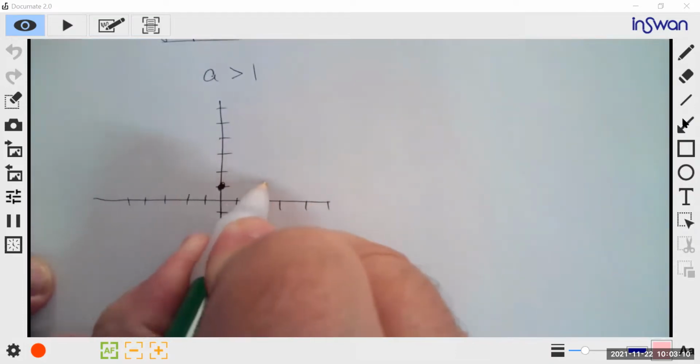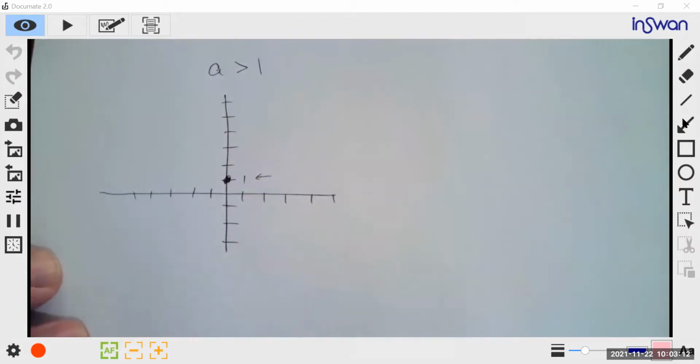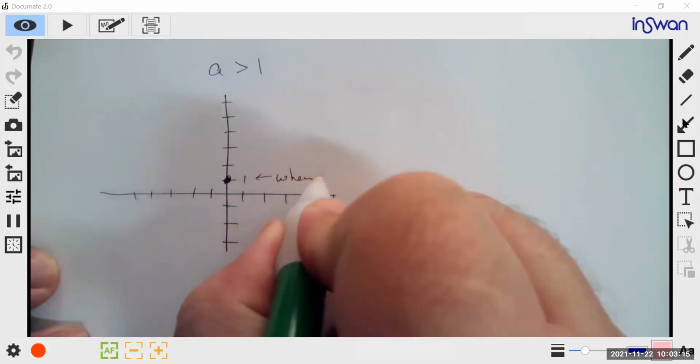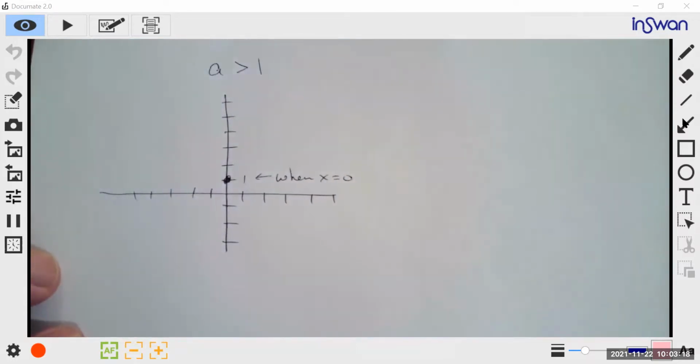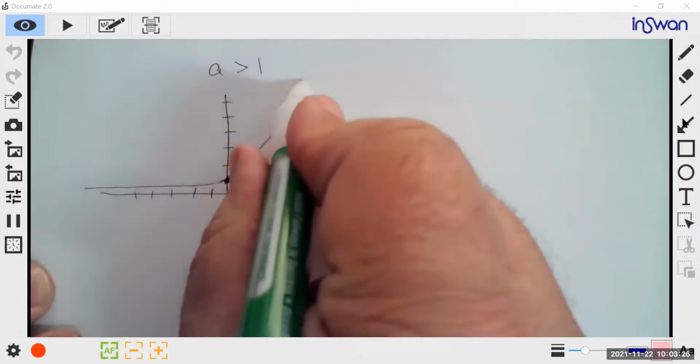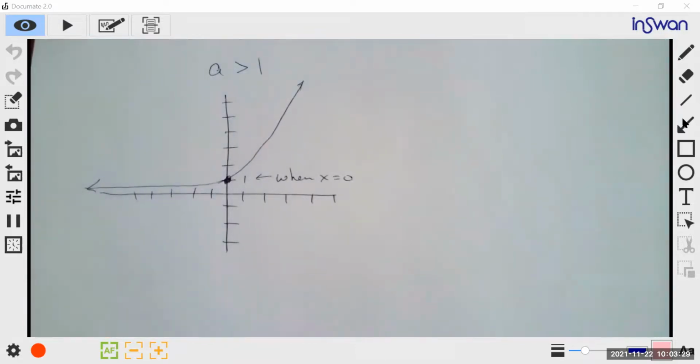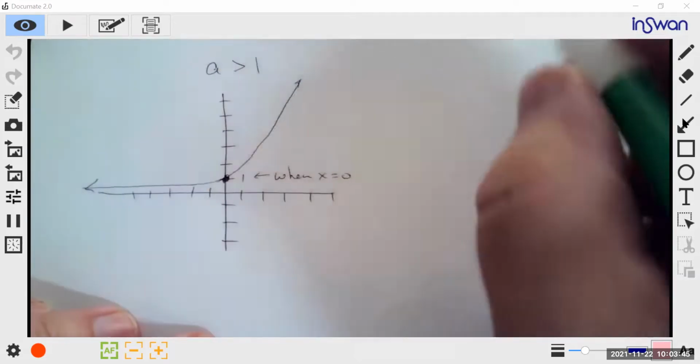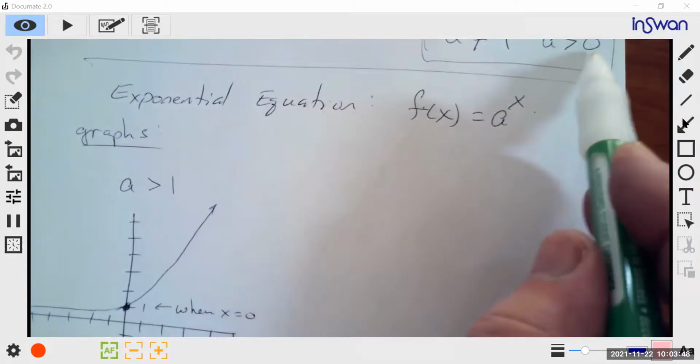So its y-intercept is always 1. If your exponent is 0, I don't care what the number is, it's always going to be 1. This is the graph. It has a horizontal asymptote at 0, the x-axis. So that's if a is greater than 1.